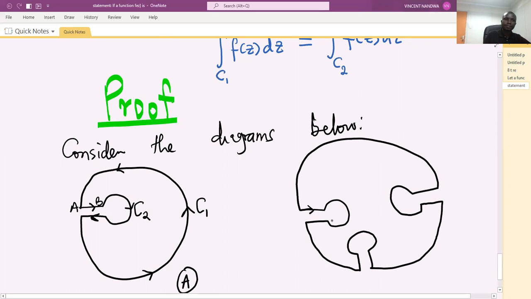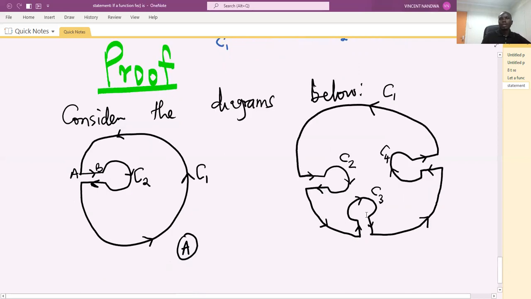So this is the direction. We call this one C1, this one C4, this one C2, and this curve C3. Let's call this diagram B.